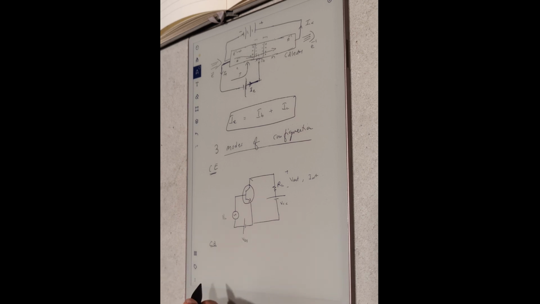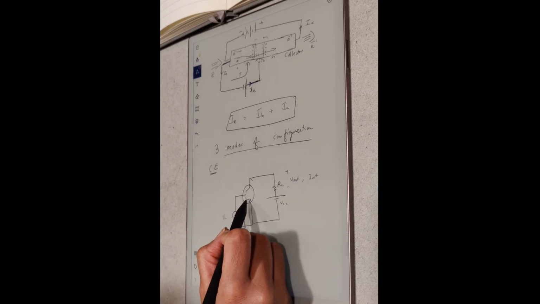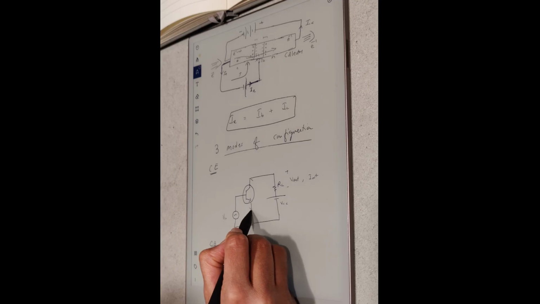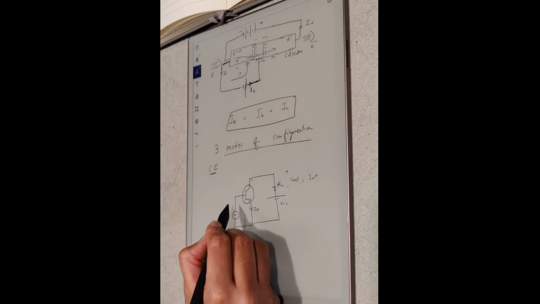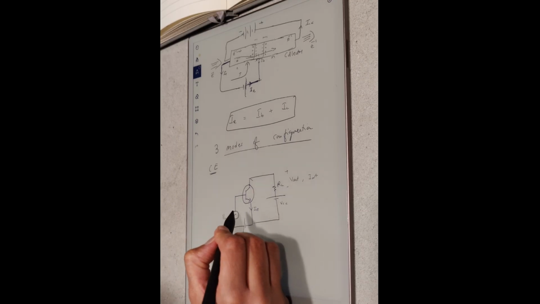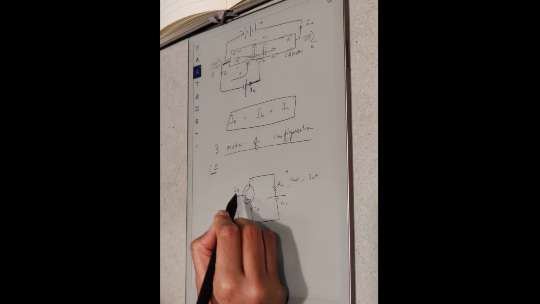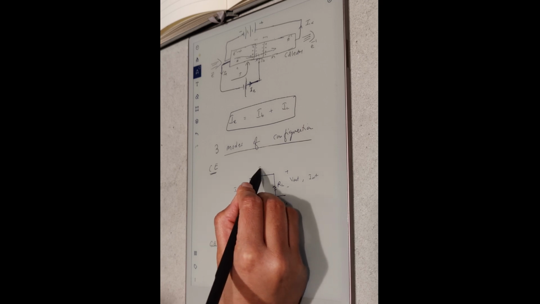So let's draw it. I have my transistor now this way. Actually, before we go there, let's label the currents. The current that comes out of the emitter is called IE, the one that goes into the base is called IB, and the one that comes out of the collector is called IC.